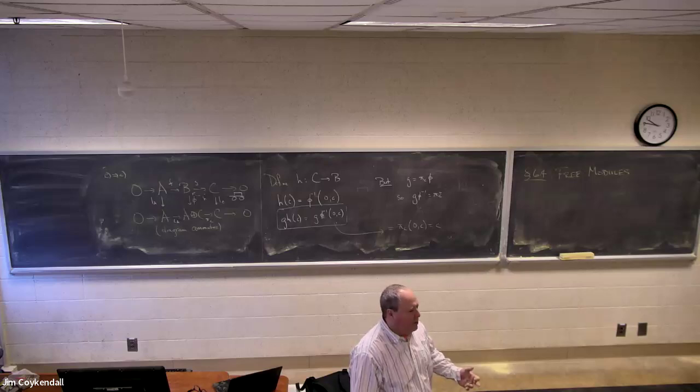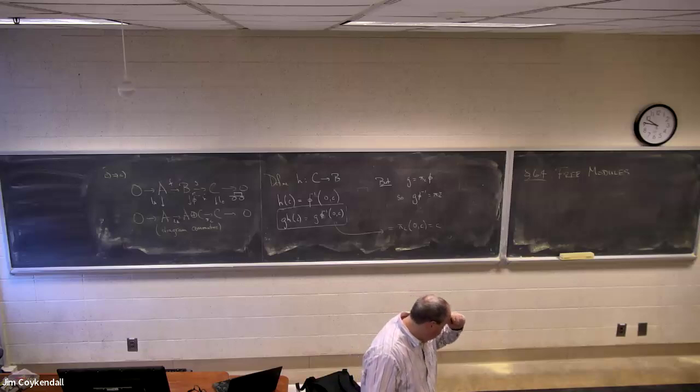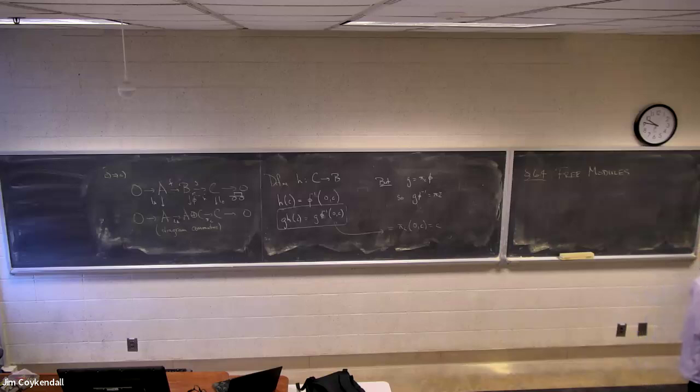Every finitely generated abelian group is some finite number of copies of Z, and the finite part can be broken up into invariant factors, elementary factors. Free modules are important behind that too.